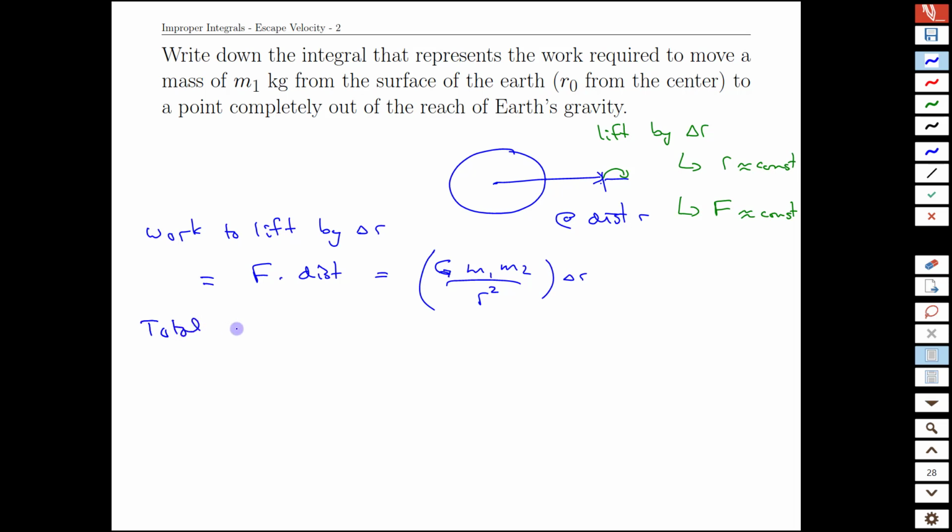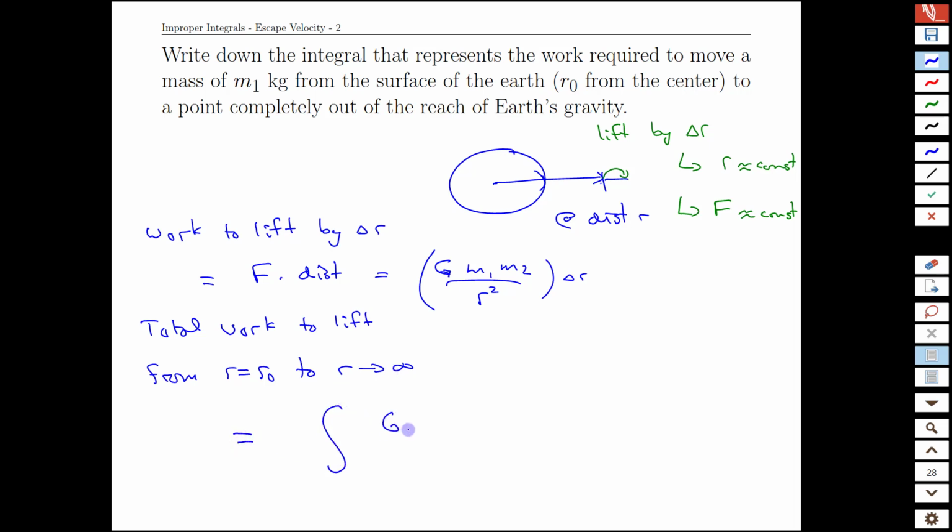Of course, if we want to find the total work to lift, now here's the fun part, from r0, that would be the surface of the Earth. We're not lifting from the center of the Earth, we're lifting from the edge, or the surface where we live, to, well, out to infinity. That would be easy to express as an integral.